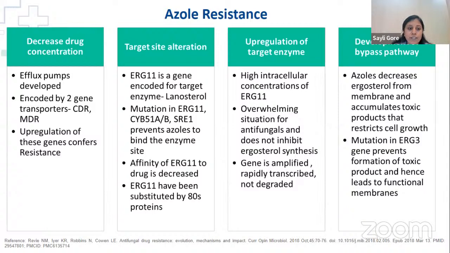So all these mutations and the developed efflux pump cause a decrease in drug concentration, and the target site is altered, and these enzymes are upregulated, and the antifungals are not able to confer their actions.